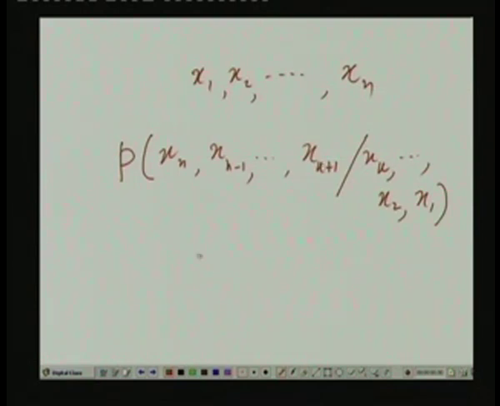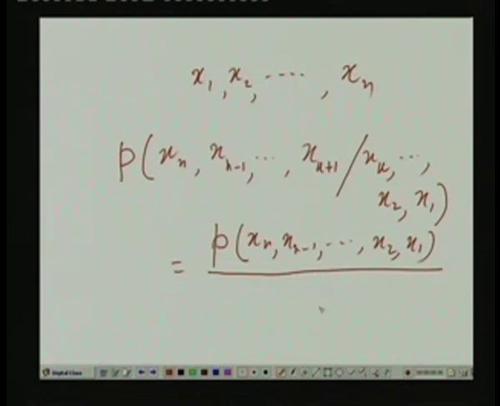Okay, this as before is nothing but the ratio of two joint densities. One is the total joint density of all the n variables divided by the joint density of the variables which are conditioned here, that is xk down to x1.